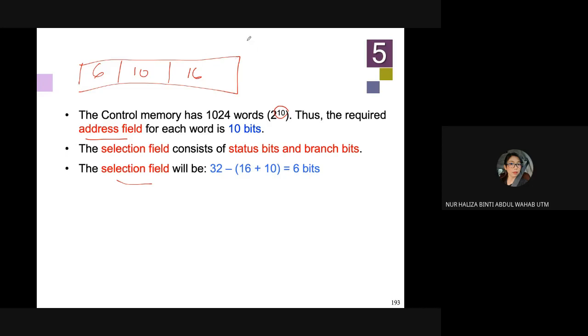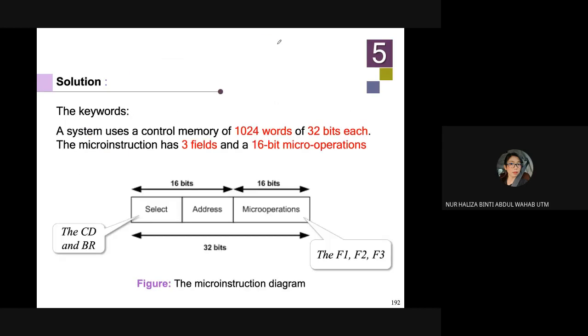So altogether it will be 32 bits. From just this instruction, you can draw this format header for your micro operations. You can put it as 6, 10, and 16 based on what has been given here.